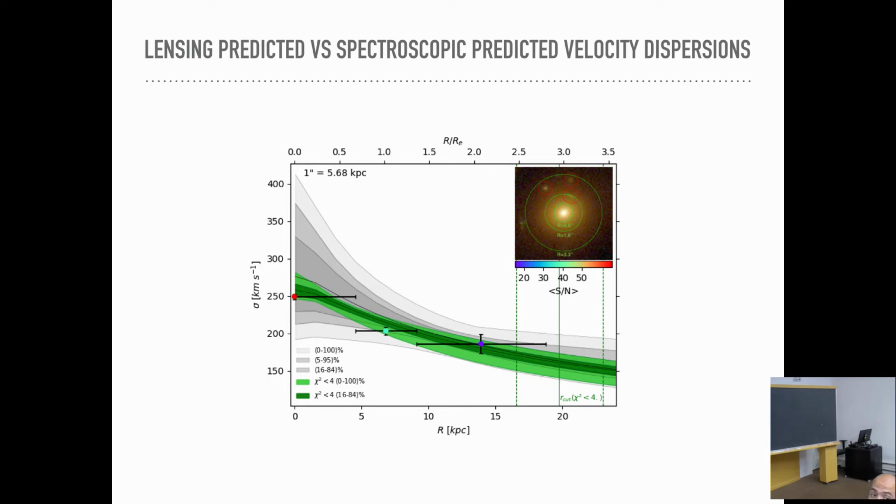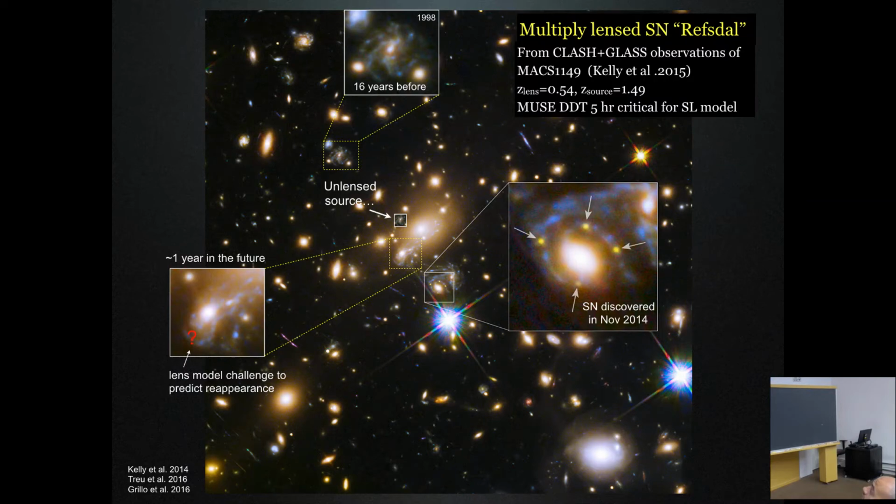As you can see from this plot here, these are measurements of the velocity dispersion around this cluster member. This is what the lens model would predict. So we are in very good agreement in this case. And then there were other tests possible to assess the robustness of the lens models.